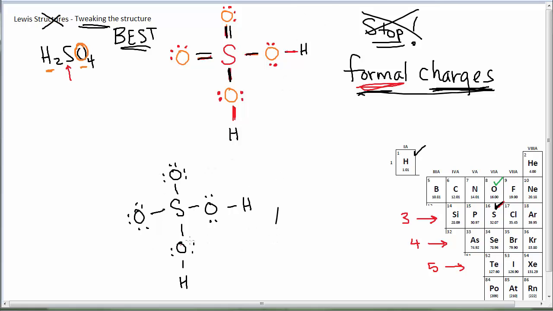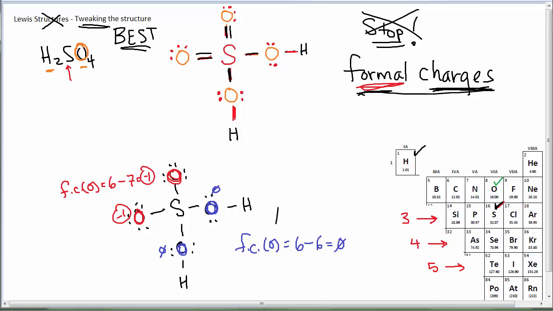If we look at formal charges in this structure, notice that these 2 oxygens are going to have the same formal charge. So the formal charge on these oxygens is equal to 6 minus 2, 4, 6, 7, or -1. These 2 oxygens have a formal charge of -1. These 2 oxygens also look similar. So the formal charge on the oxygens in blue will be 6 minus 2, 4, 5, 6, or 0.